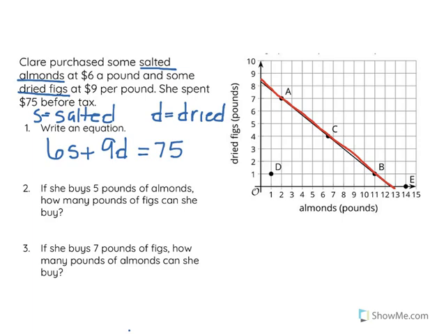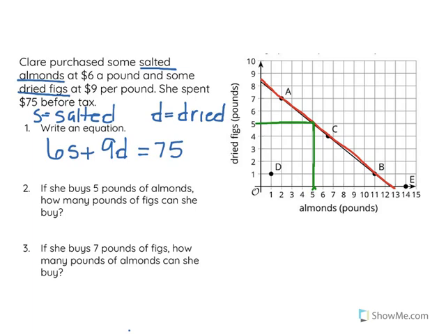So what we want to do is use this line to help us answer the following questions. If Claire buys 5 pounds of almonds, how many pounds of figs can she buy? So what we're going to do is we're going to take a look at 5 pounds of almonds. So if I draw a line up from 5 pounds of almonds to the line, then I'll draw over to dried figs.